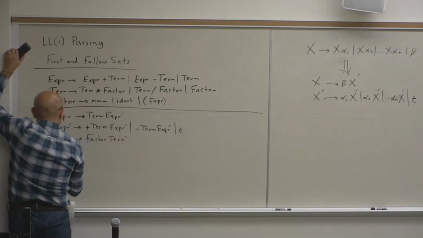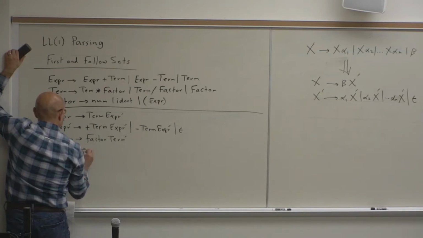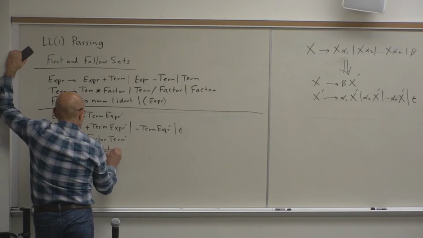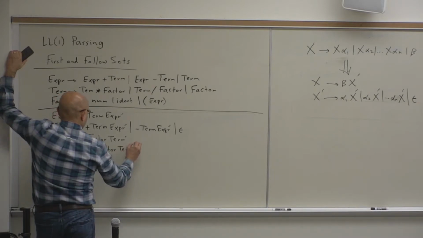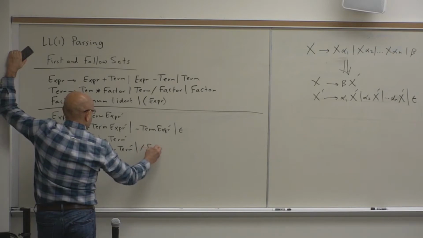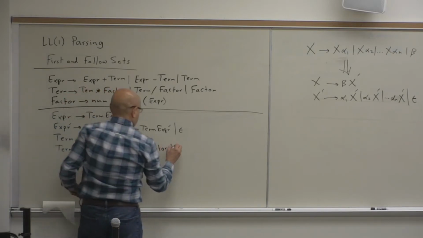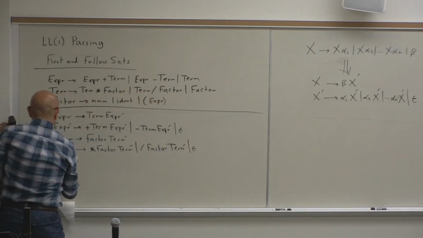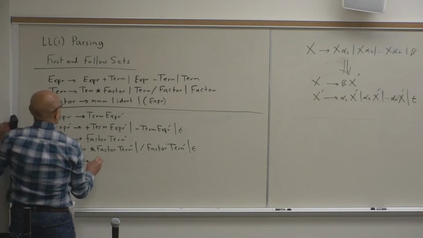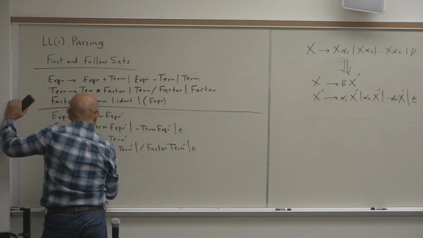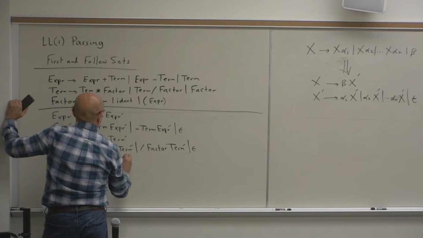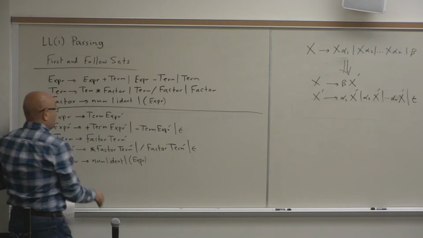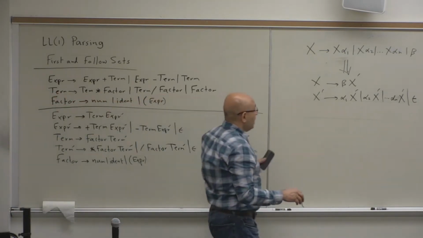Term prime is times factor term prime, or divide by factor term prime, or epsilon, and the factor doesn't change, because it doesn't have left recursion in it.